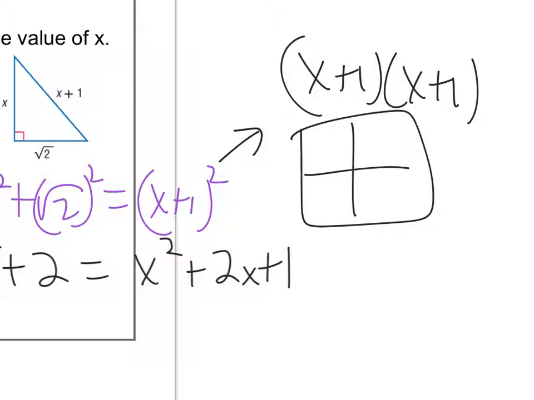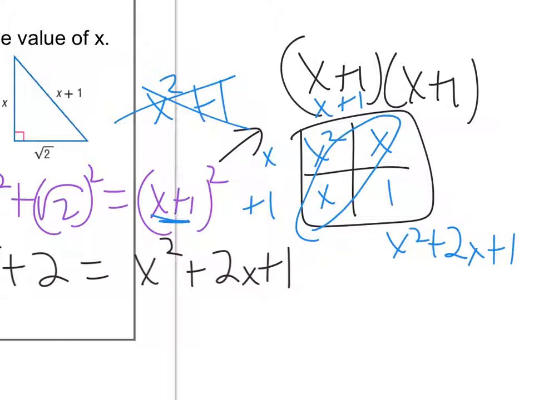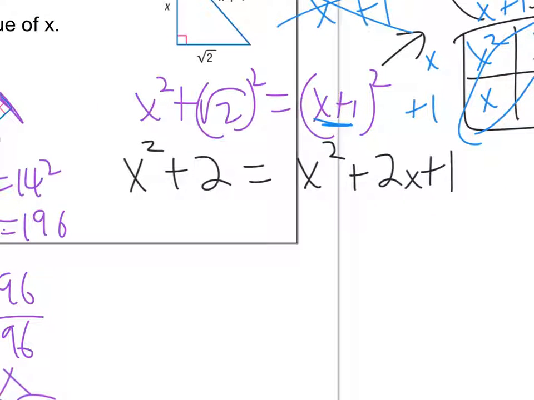So if I take this, x squared, that's going to be x, that's going to be x, that's going to be 1. I add these two, that's going to be x squared plus 2x plus 1. A lot of kids will see this, and they'll give me an answer of x squared plus 1 and think that's your answer. No, there's going to be a middle term, so that's where this comes from.